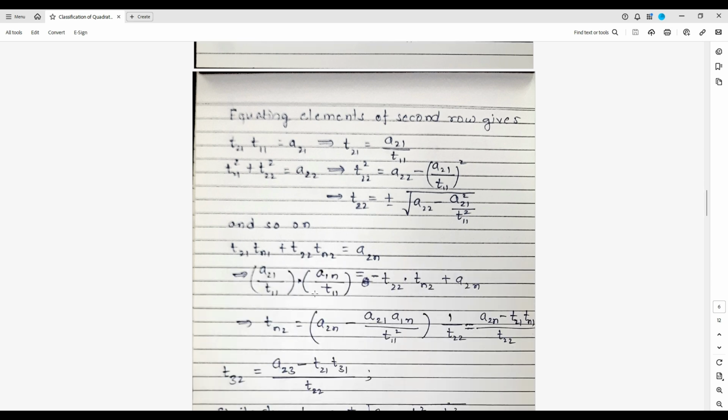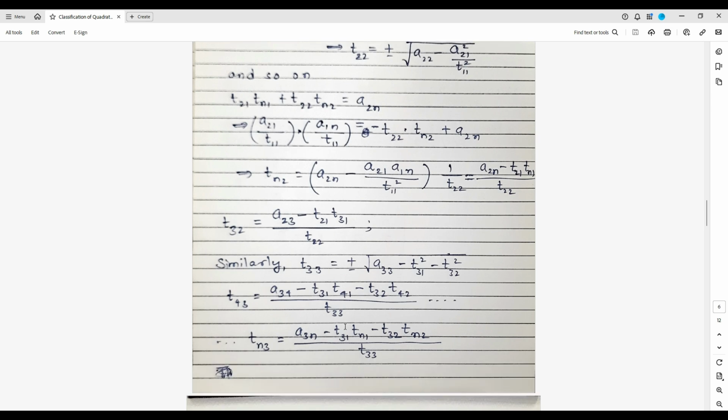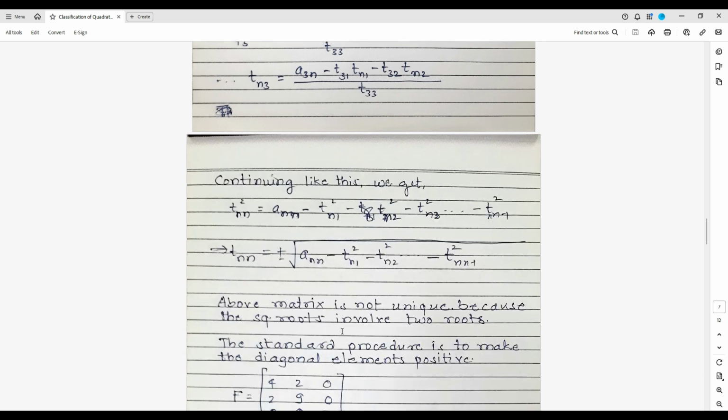We go on doing this for each element of the second row and we get the entire second row of matrix T. Similarly, if we equate elements from the third row, we get the third row of the matrix T like this. And finally, continuing like this, we get the last element of the matrix T as a root of Ann minus Tn1 square minus Tn2 square and so on up to minus Tn(n-1) square.